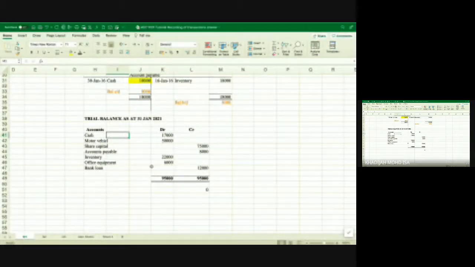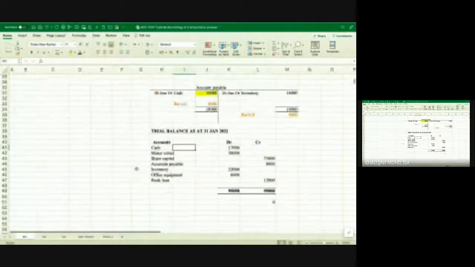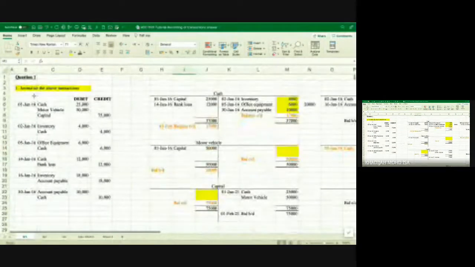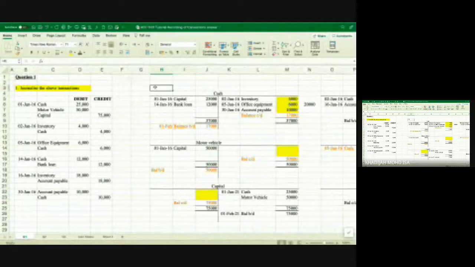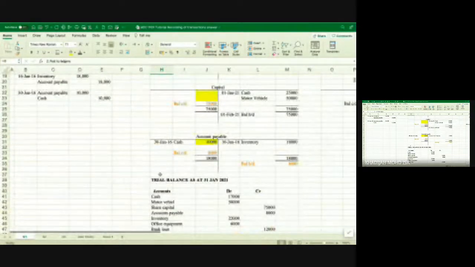This is the requirement: you have to do the journal entries, number 2 is that you post to ledgers, and then you prepare the trial balance. So these are the 3 steps that you have to do when you have this kind of question.